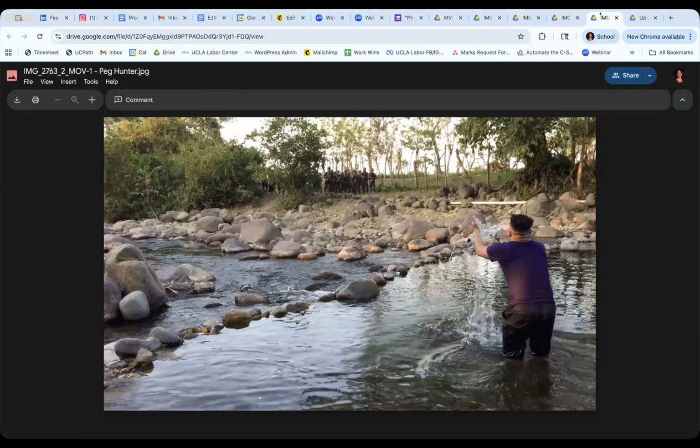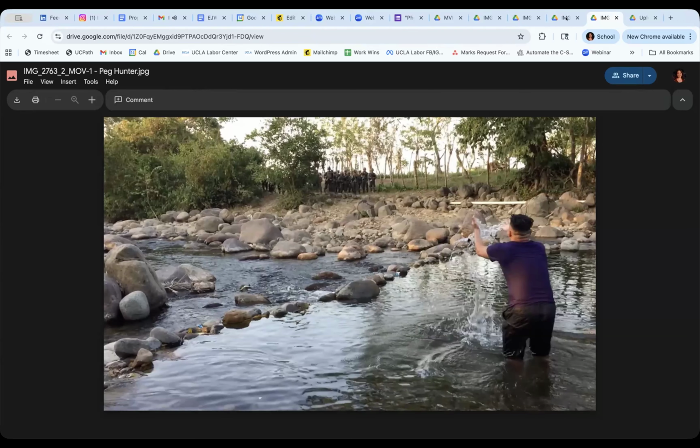The army had kept them from their river for quite a while. They were scaring them, threatening them, making death threats. And the army showed up while we were there. This man just leaned down and grabbed a handful of water, looking at the army, as if to say, this is our water. I was so impressed with how visually powerful that was. You don't get a chance to tell a story like this often.